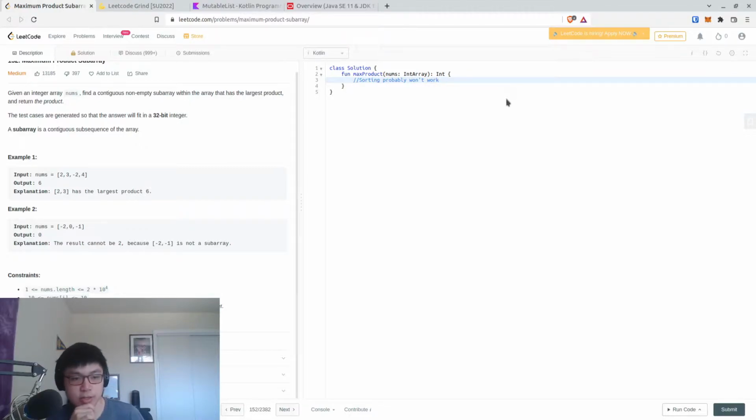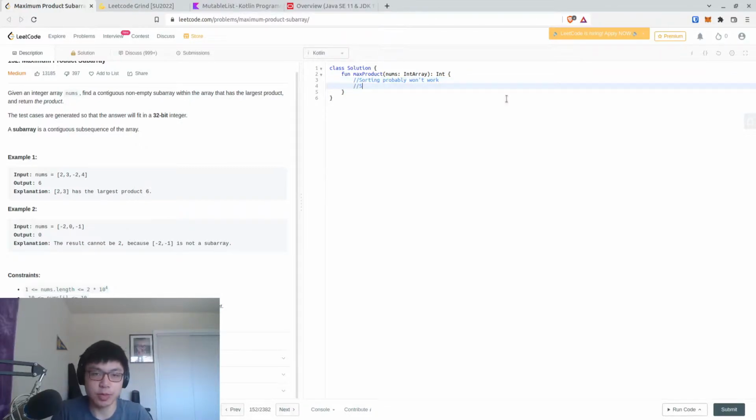Has to be a contiguous subsequence. So probably some sort of sliding window, but how do we optimize it further?